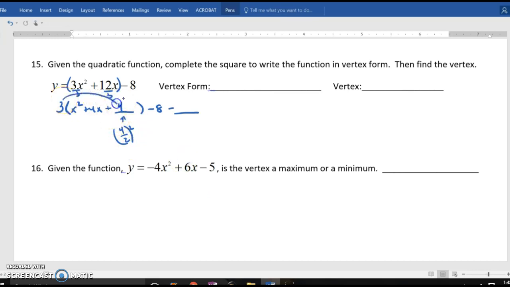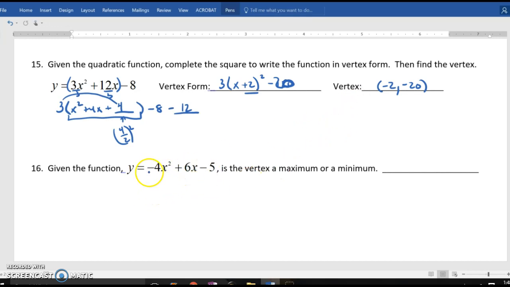And now 3 times 4 is 12. So what do I have to subtract on the outside? 12. But this now becomes 3 times the quantity x plus 2 all squared. And then negative 8 minus 12 is negative 20. So now my vertex here is at the opposite of 2, which is negative 2, and then negative 20.